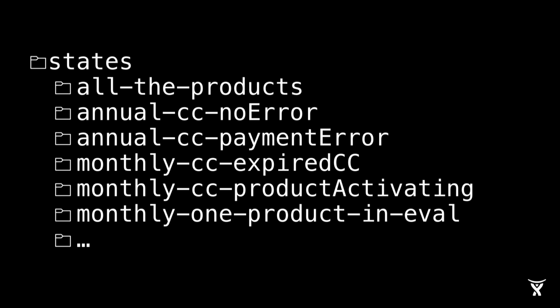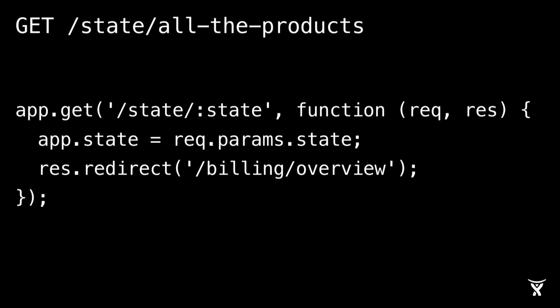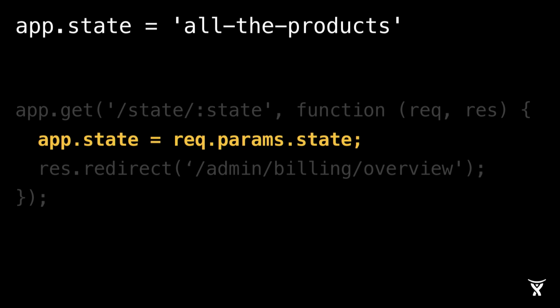In order to change the state for our mock server, we added a dedicated URL for it, and it works quite simply by just hitting the get request /state/ whatever state you want. In this case, it's all the products. So this would set app.state to all the products.